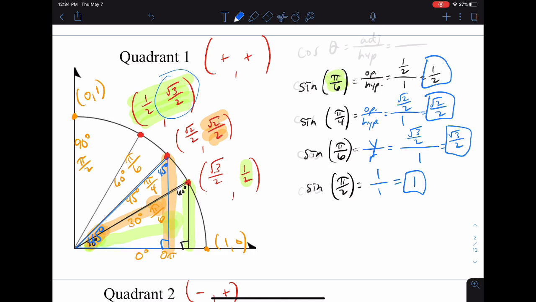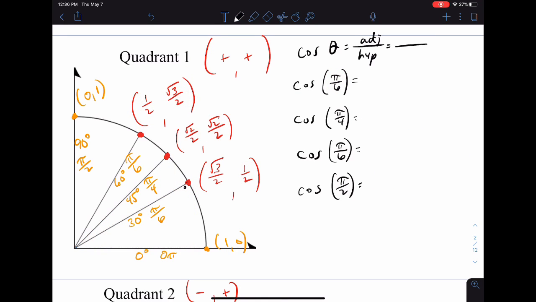Okay, so just like sine, there's a pattern with cosine. We know that cosine is always going to be adjacent over hypotenuse. So let's look at 30 degrees on the unit circle.